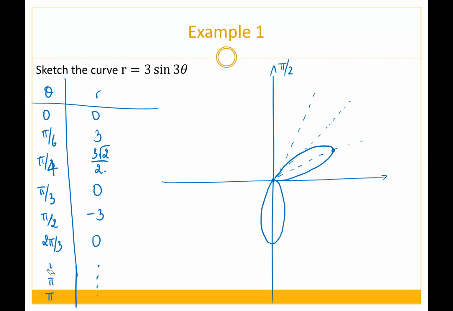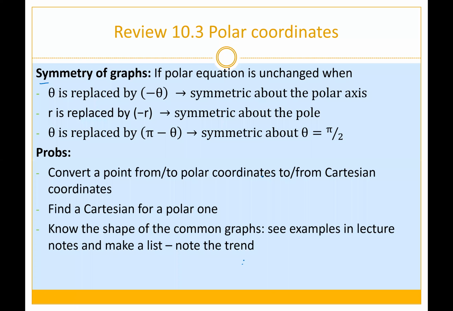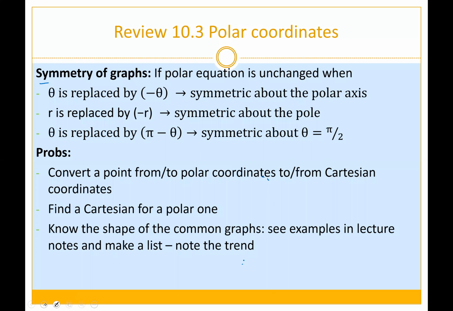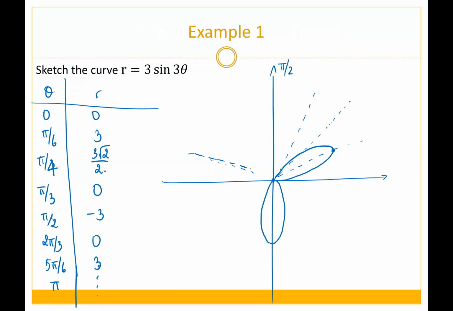Instead of trying all these values, let's just do 5 pi over 6 and then pi. For 5 pi over 6, you're going to have sine of 5 pi over 2, which is going to give us 3 again. And so 5 pi over 6 is this angle. You get 3 here, and then this one is going to be 0.